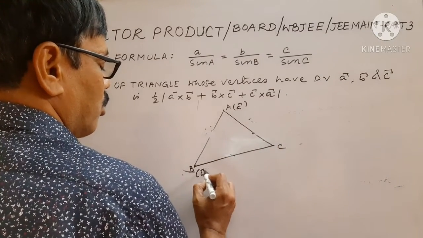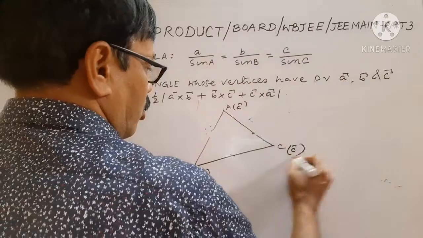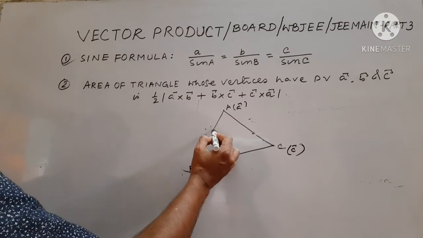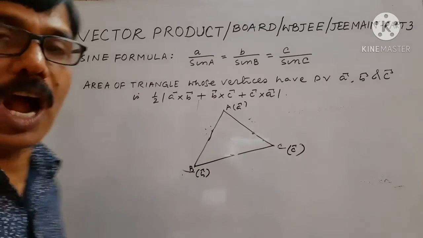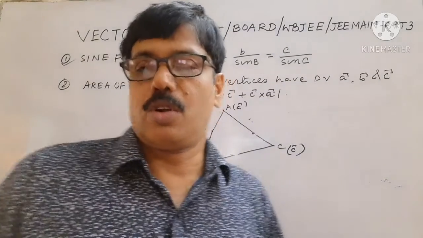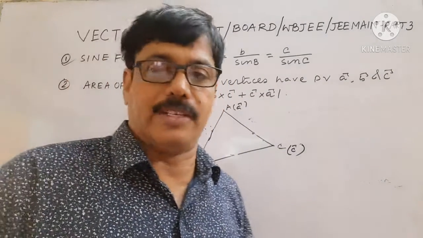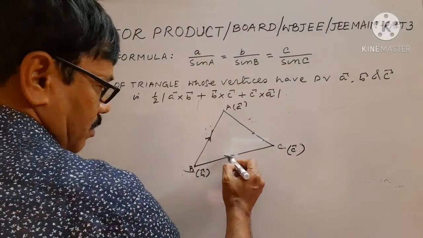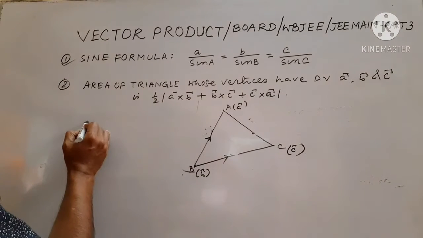This is B vector and this is C vector. So what is the area of the triangle? Half of the modulus of the cross product of two adjacent sides. So look, BA is an adjacent side, BC is an adjacent side.